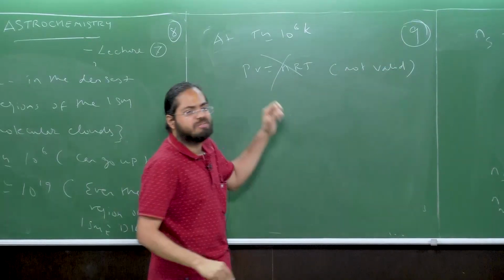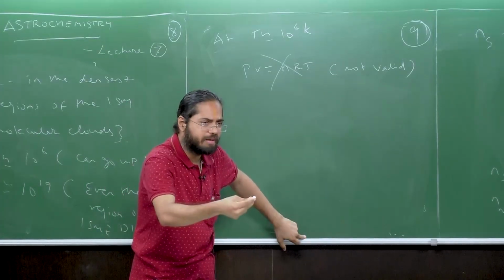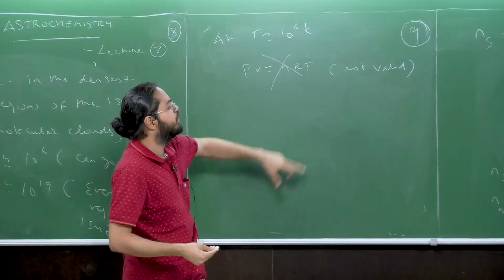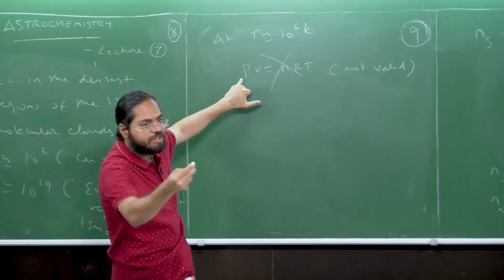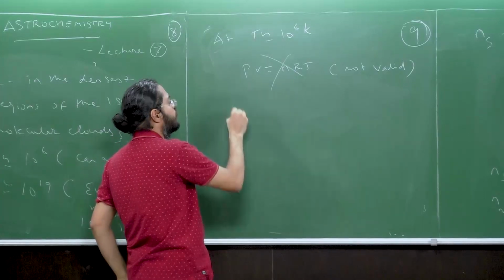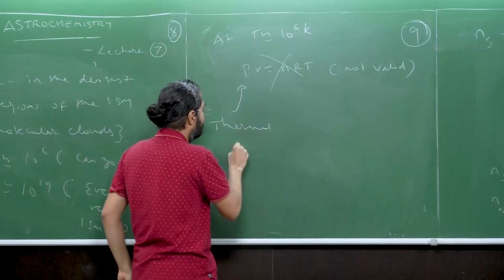Because the pressure in that region, see, even when we used the value of 10 to the power minus 22 atm, the number density was 10 to the power minus 7 or 8, right? But what is this pressure? The pressure in this equation is due to the molecules. This is what is called the thermal pressure.